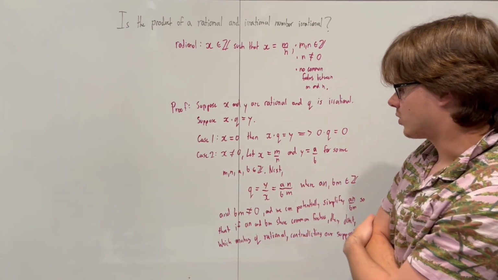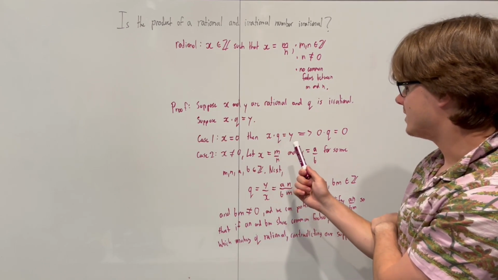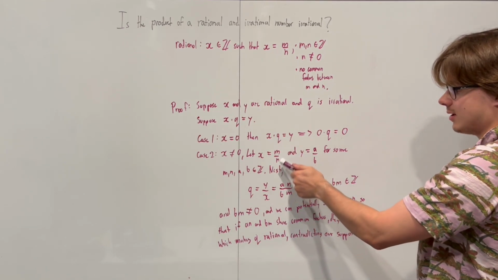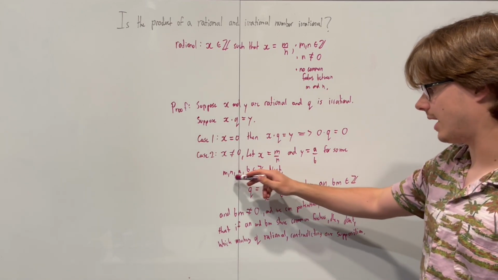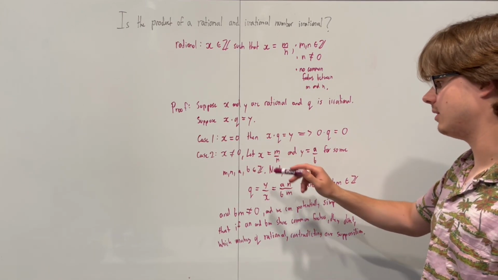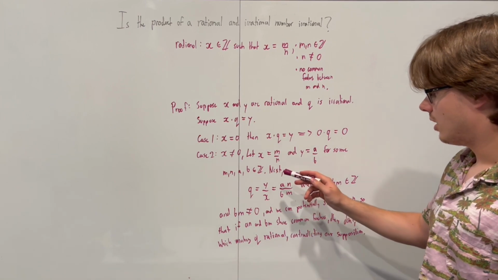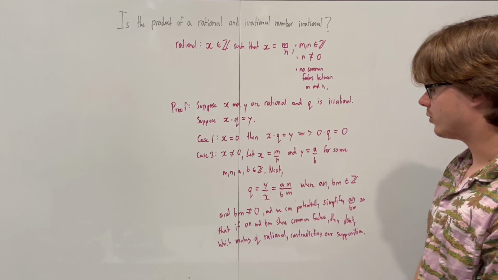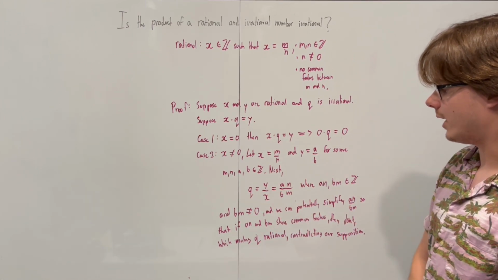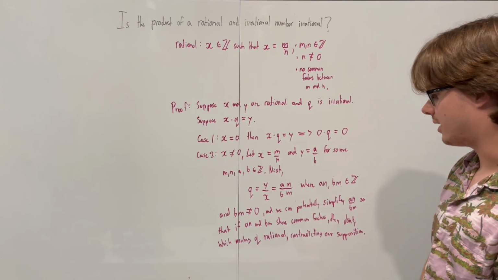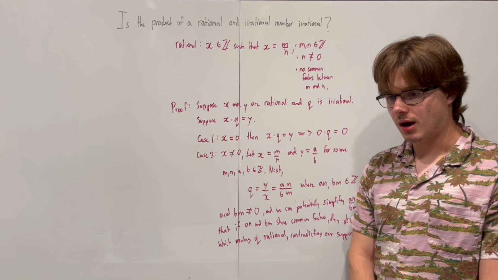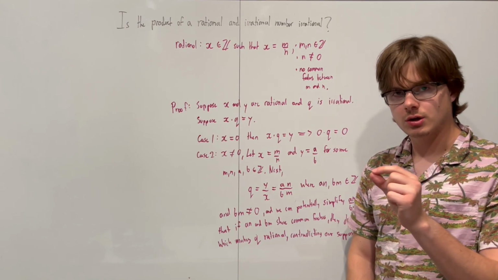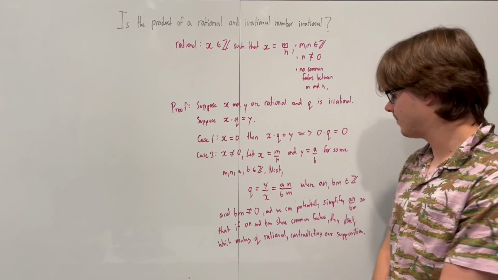In the second case where x cannot be 0, we can define x and y to be some fraction of integers, for some m, n, a, b that are integers, which means that when you rearrange for q, q is equal to y over x, which is equal to an over bm, which means q can be written as an integer divided by another integer.